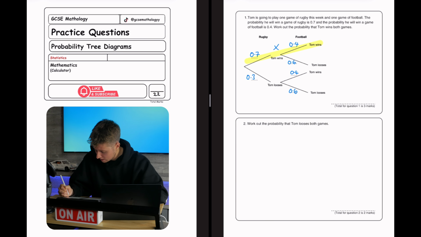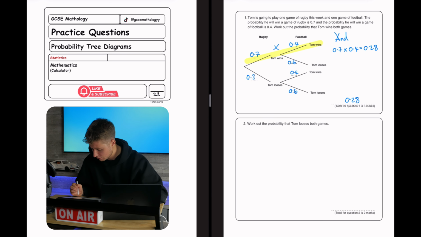So the probability that he wins a game of rugby and a game of football, so I remember it like this, where 'and' forms this x, which means times. So we're going to multiply these two probabilities together. So 0.7 multiplied by 0.4, and this is equal to 0.28. So 0.28 is the final answer for the first question.